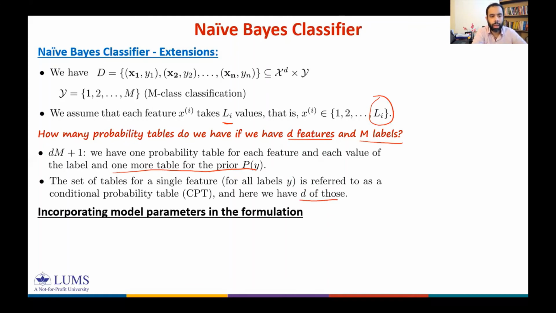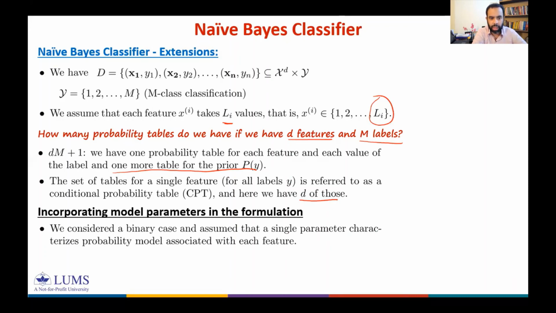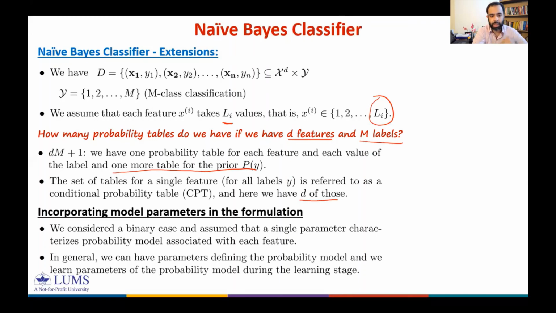Okay, let's talk about incorporating model parameters in the formulation. So far, we considered a binary case and assumed that a single parameter characterizes the probability model associated with each feature. In general, we can have parameters defining the probability model, and we learn the parameters of the probability model during the learning stage.